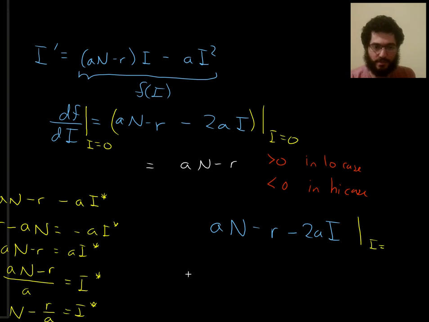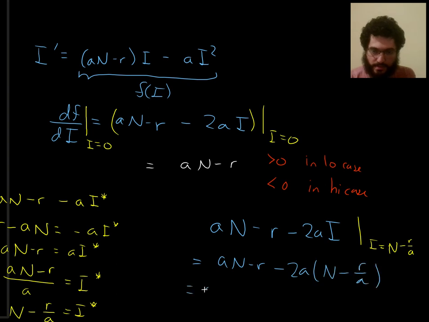Oh, I've got it written down there, n minus r over a. And let me see what I get. So I get an minus r minus 2a times n minus r over a. It's an minus r minus 2an plus 2r.